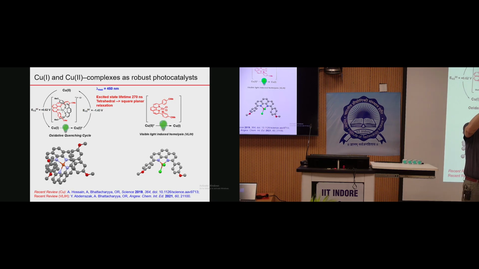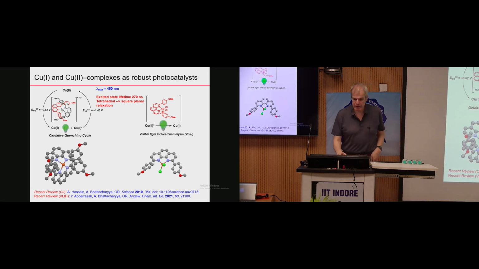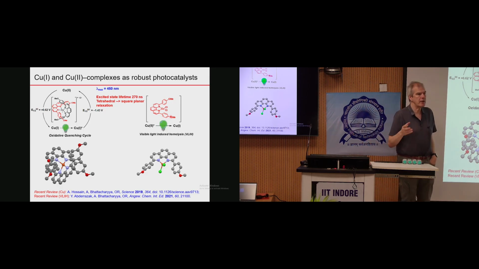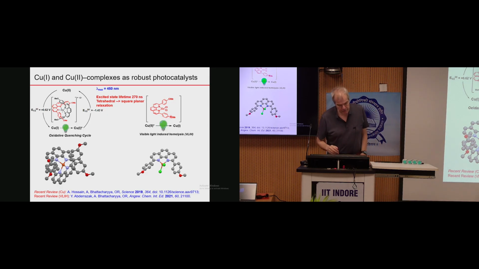But if I go to copper 2, then you see, they start clashing if I planarize it. So one ligand goes away. And then again, it's the question, is this an advantage or a disadvantage? And we think it is an advantage because now small substrates can interact. And that's what we also saw already in the example of Wenjing Zhao, that he was able to trap radicals with copper 2. And so this is more or less how that started for us.